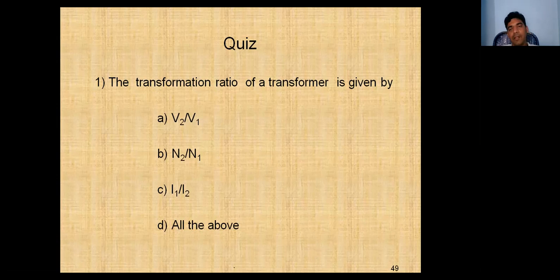So the transformation ratio K is equal to V2 by V1, or E2 by E1, or N2 by N1, or I1 by I2. So the answer is all of the above.